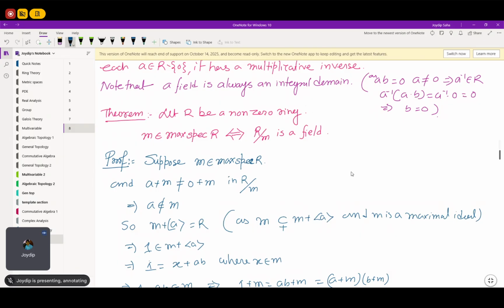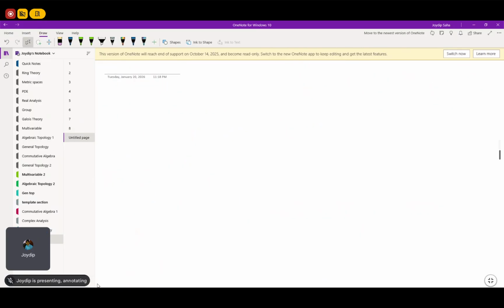So a one-line corollary is that Max Spec R is a subset of Spec R. Let M belong to Max Spec R. This implies R mod M is a field.